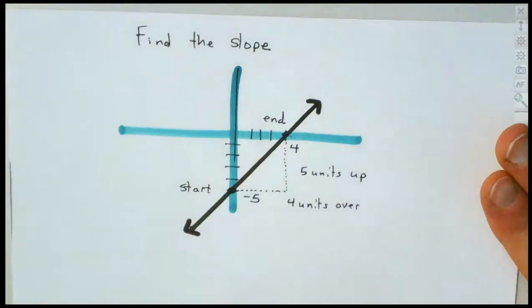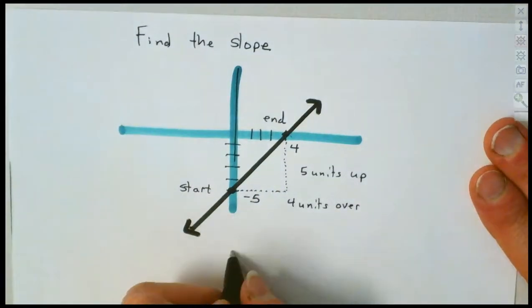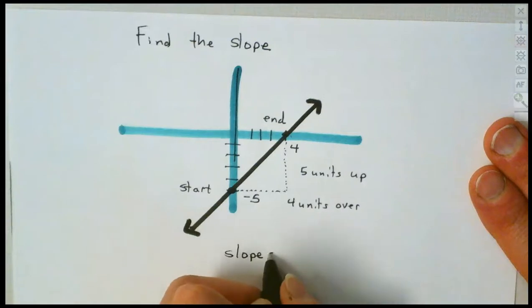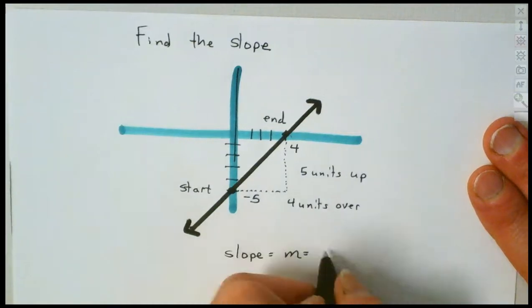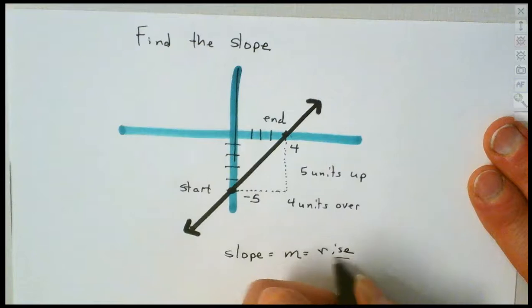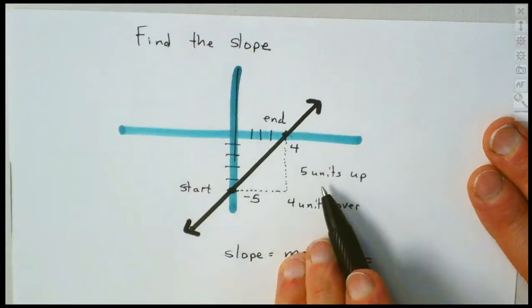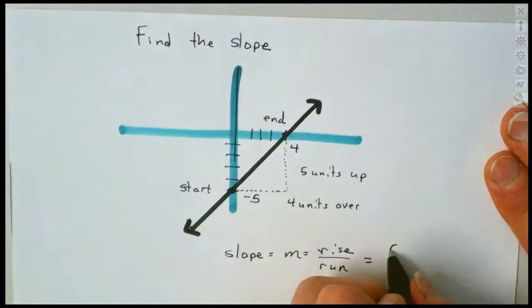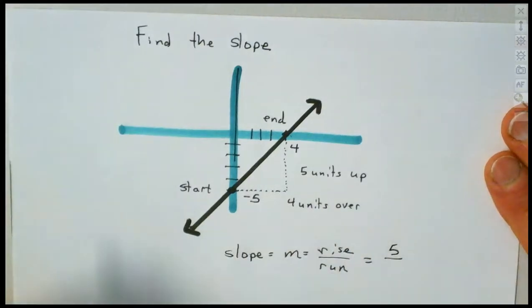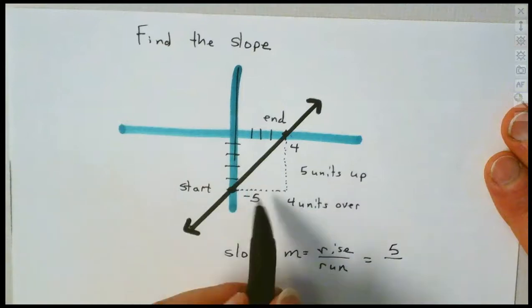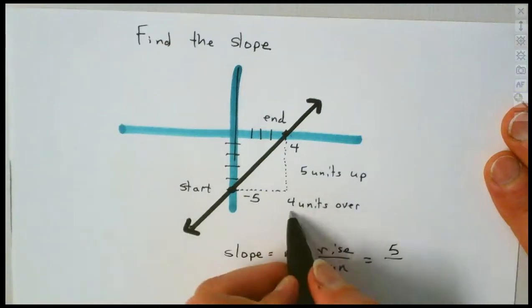Now, what's your formula for the slope? Your slope is m, and that is rise over run. So, how many units did I have to go up? 5. How many units did I have to go over? 4.